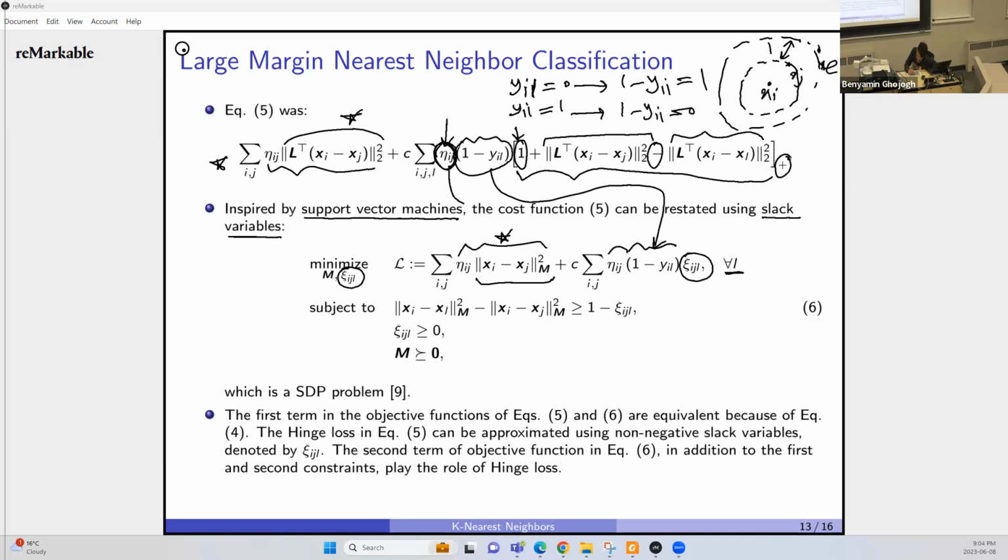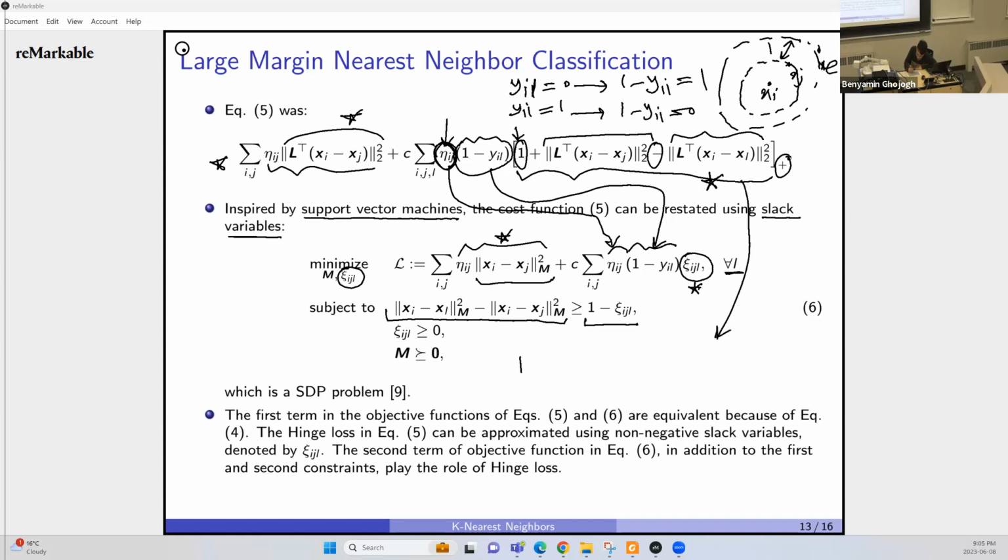Also, eta ij I'm repeating here. But I'm replacing the triplet loss with eta ijl. But here, I'm saying that this, which was inside the triplet, the standard hinge loss, should be greater than or equal to 1 minus eta ijl. Okay? If you take a look at that, you will see what I mean.